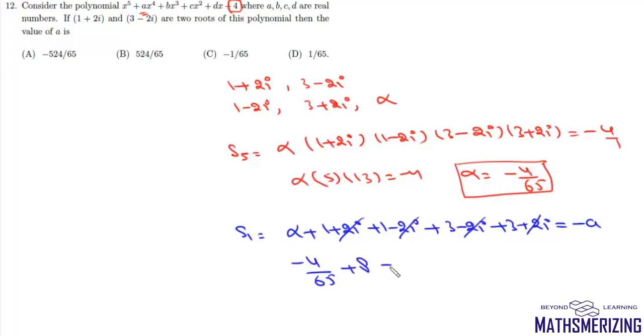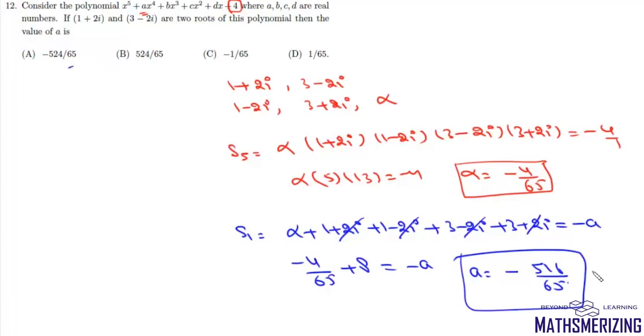So plus 8, and this is equal to minus a. So it will be 520 minus 4, so that should be minus 516 upon 65. So the answer to this question should be minus 516 upon 65. I do not know why they have given minus 524 upon 65. The answer should be minus 516 upon 65, and that is the answer to this question.